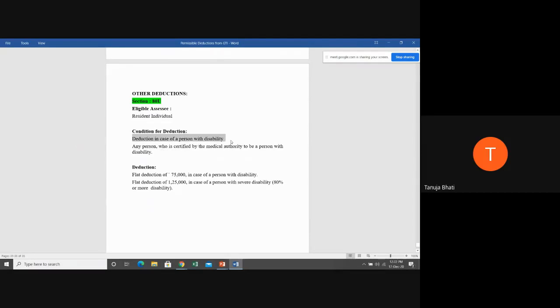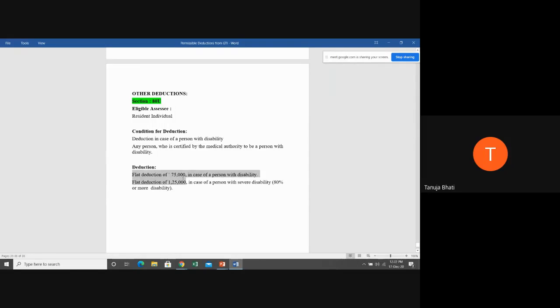It is a deduction in case of a person with disability. And the disability has to be certified by the medical authority. He just can't say that he is disabled; it has to be certified by the medical authority. So remember, 80U is applicable to a resident individual, and if he is suffering from a disability, he will get the deduction under section 80U.